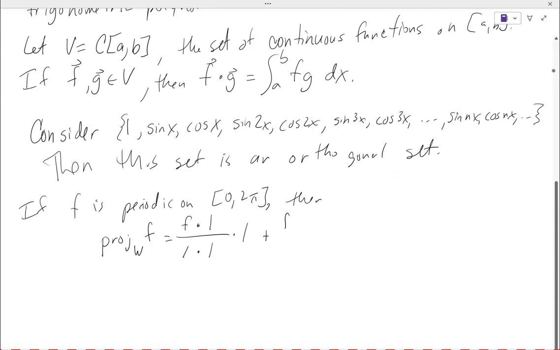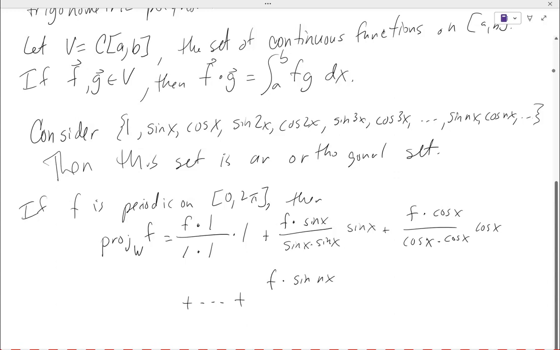And then you'll do f dotted with sine of x over sine of x dotted with sine of x, times sine of x. Do the same thing with cosine. And you continue forever if you're going to find the series.